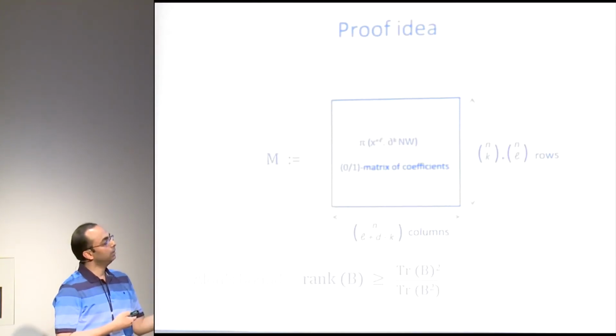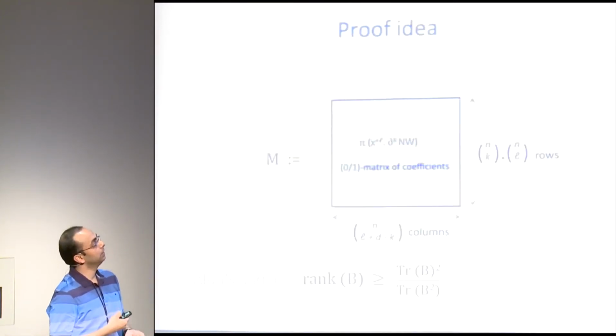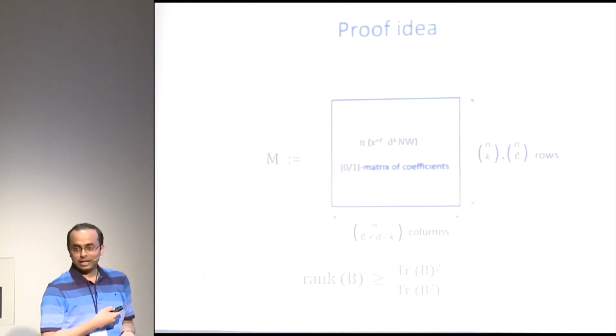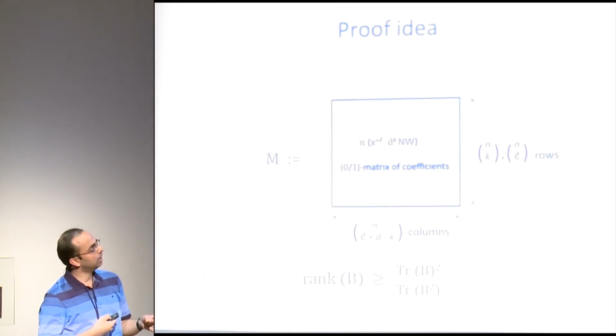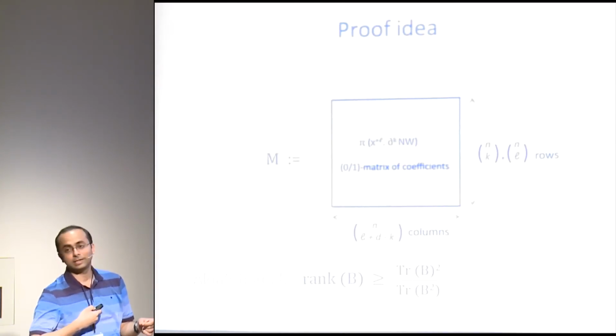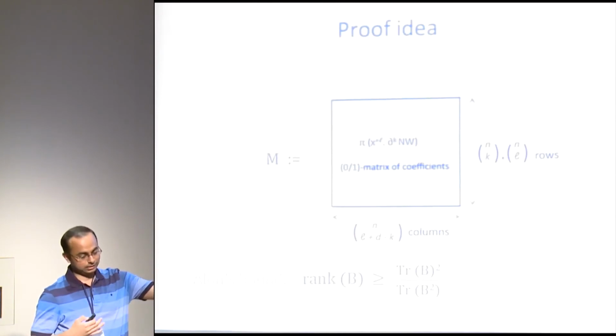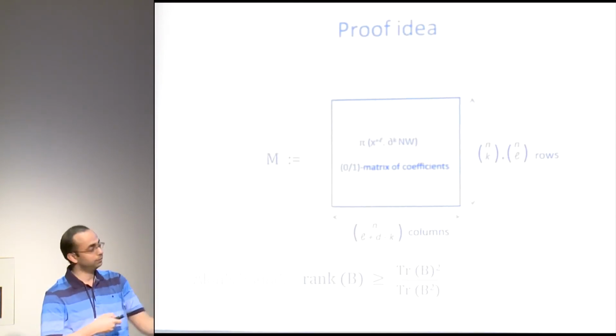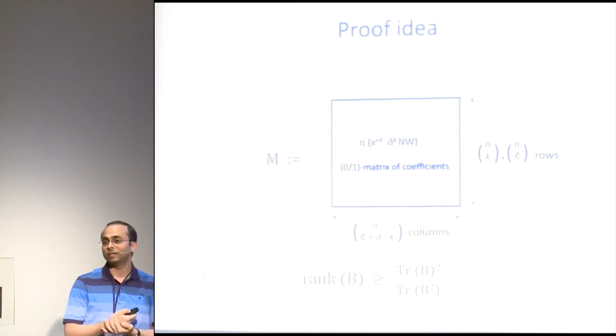But later on, Mrinal and Shubhangi analyzed something similar with a more direct approach. They found a nice large triangular submatrix inside this matrix, and that itself serves as a lower bound.